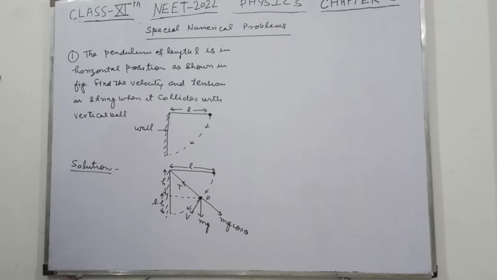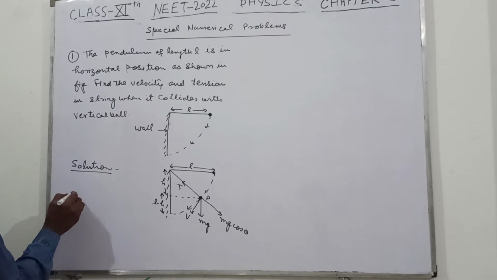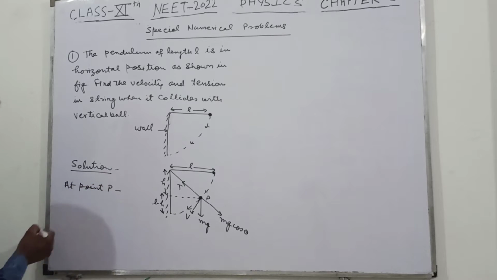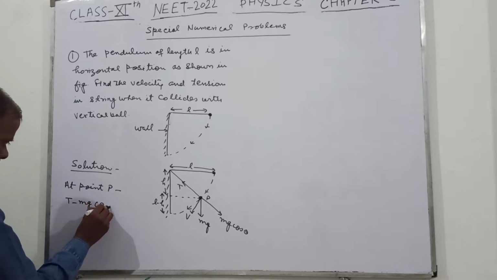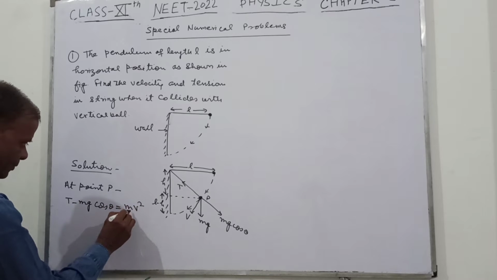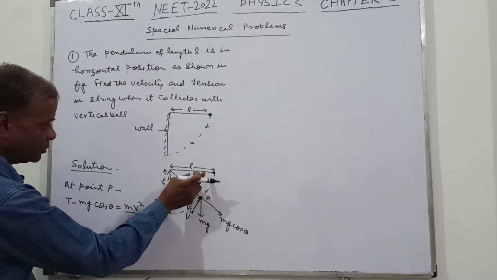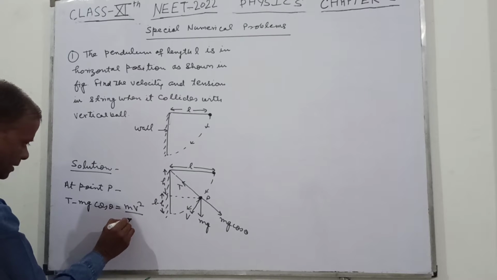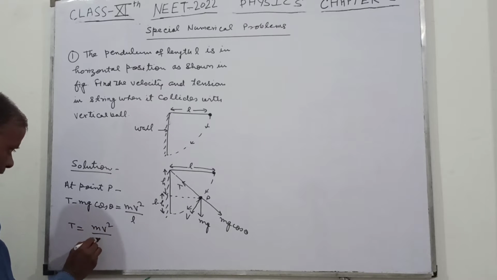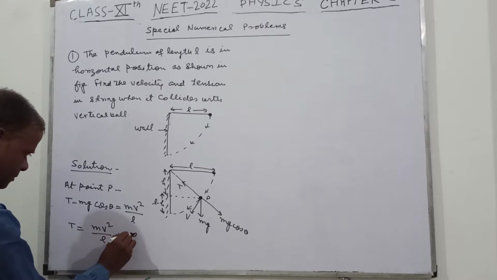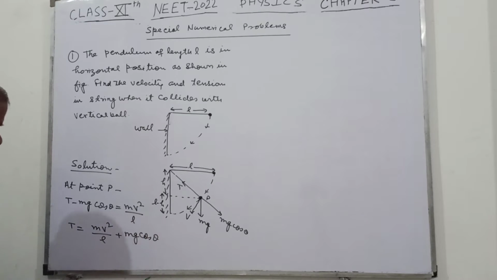So at point P, T minus mg cos theta equals mv square upon r. R will be the length L. So T is equal to mv square upon L plus mg cos theta. This is equation number 1.